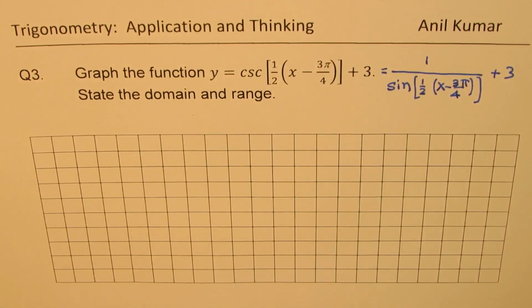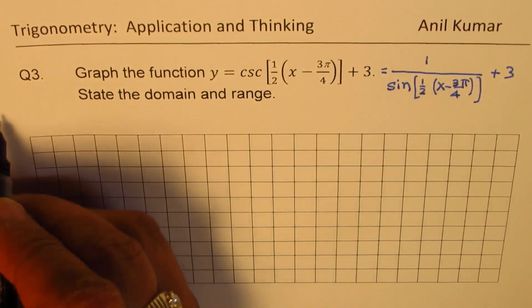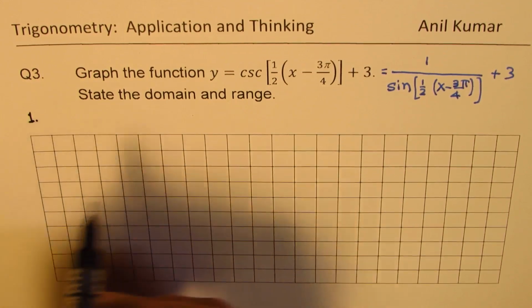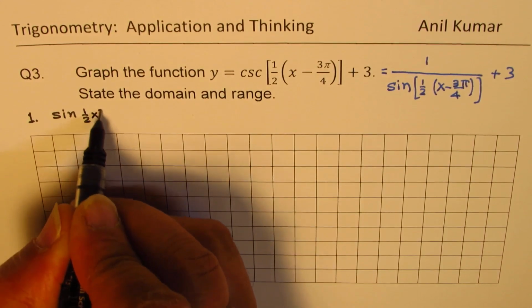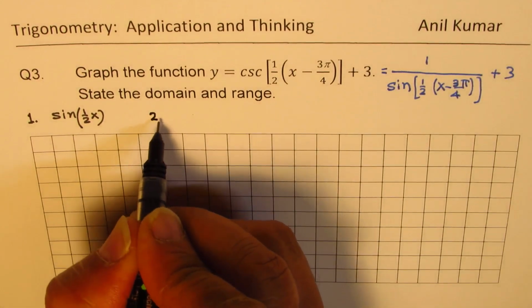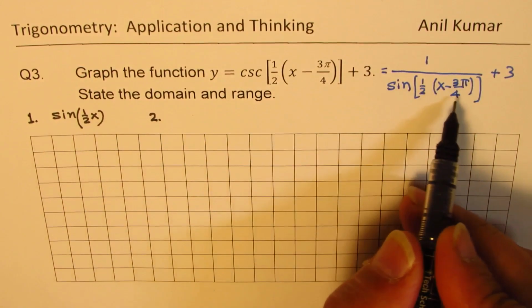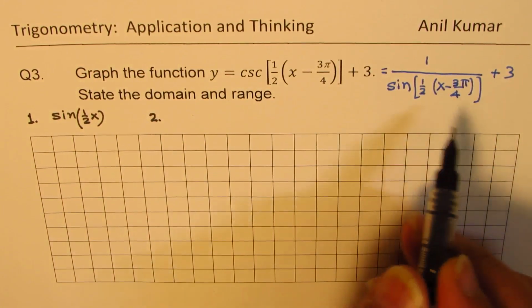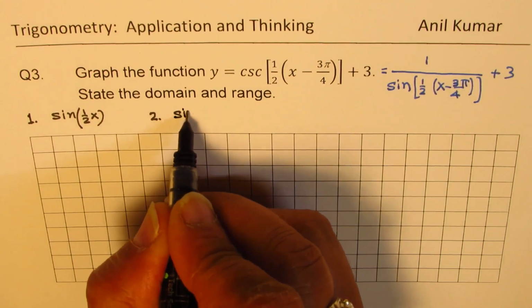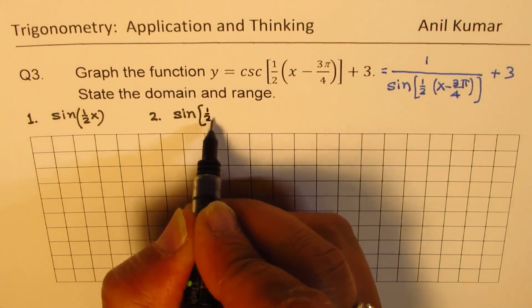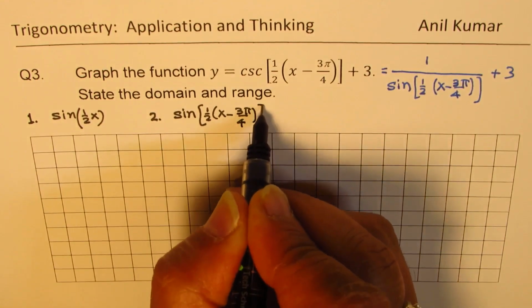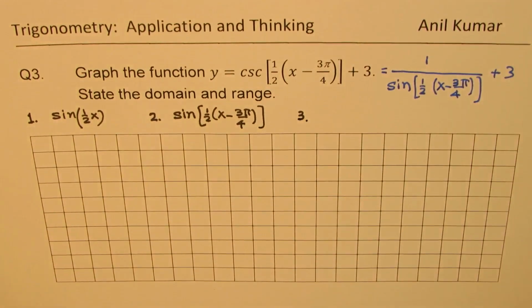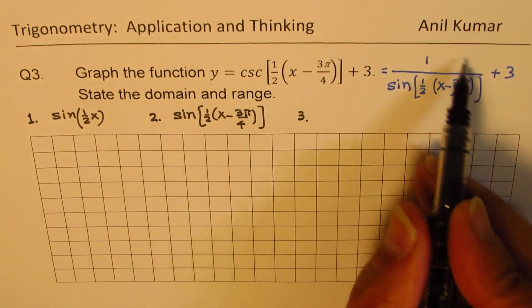So in step number 1, we are going to sketch the graph of sine of half x. Step 2, we'll translate it 3 pi by 4 units to the right. So that is to say, we'll sketch sine of half x minus 3 pi by 4. And in step 3, we are going to sketch the reciprocal of this.